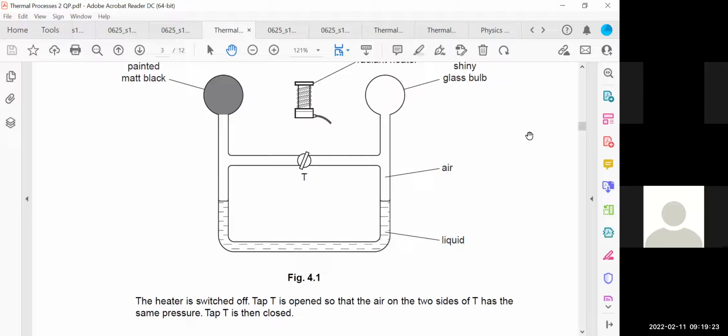On the left side, more heat is absorbed. That's why the temperature rises faster. Then why does the liquid level fall on the left side? Because of the expansion of the air. Yes, correct. Then what will expanding air do with the water?